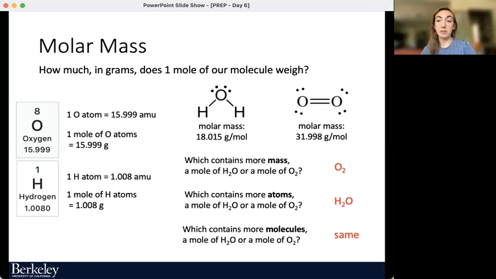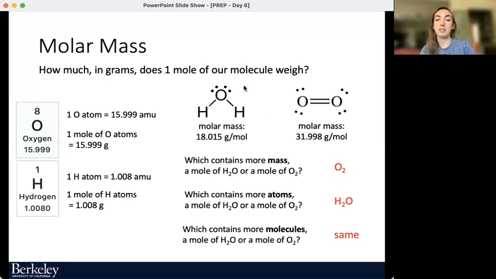So the difference between an atom and a molecule: an atom is the smallest unit of a given element. So you could have a hydrogen atom, an oxygen atom, and a hydrogen atom. So this is one oxygen atom bonded to 2 different hydrogen atoms. A molecule is the unit of those things bonded together.